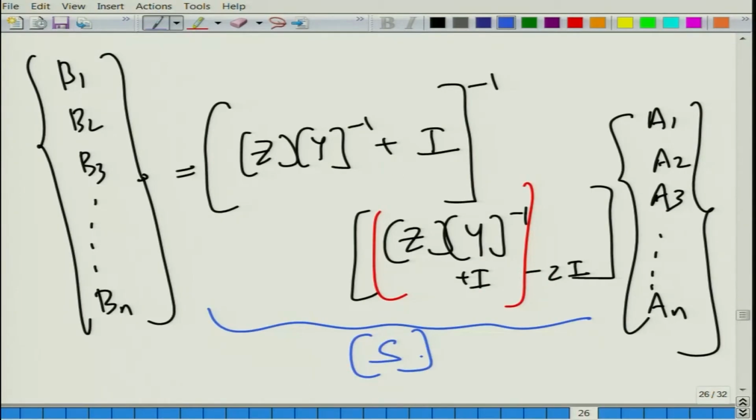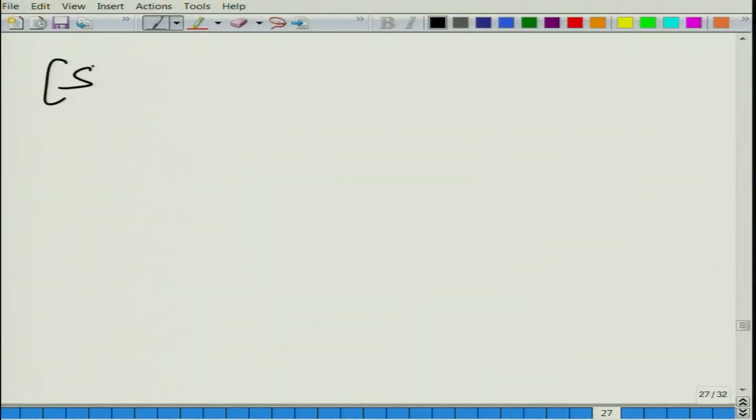So, one compact way of writing the scattering matrix for an n cross n system will be given by Z matrix, the impedance matrix, which is also an n cross n matrix. I am not writing it though.